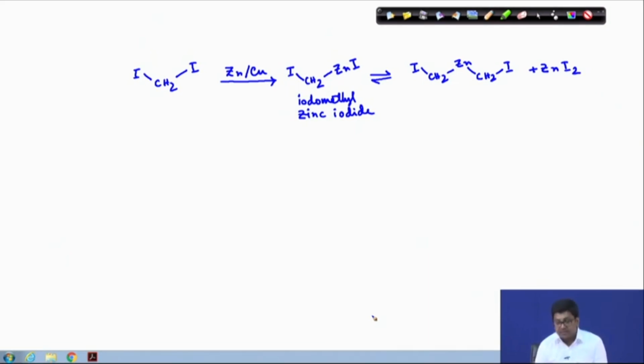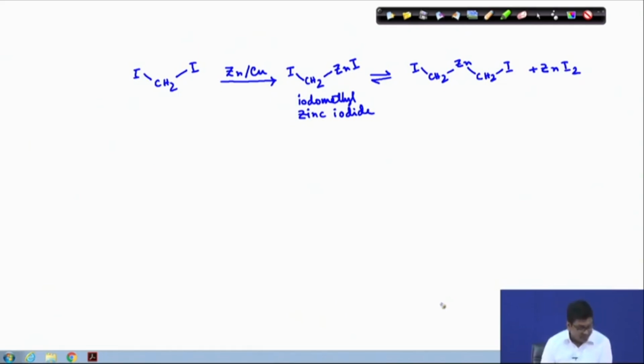Though there has been certain discussion and a lot of investigation about this reagent, and many different experiments were carried out to understand its exact structure, this is the more acceptable way that people have represented this reagent. Okay.